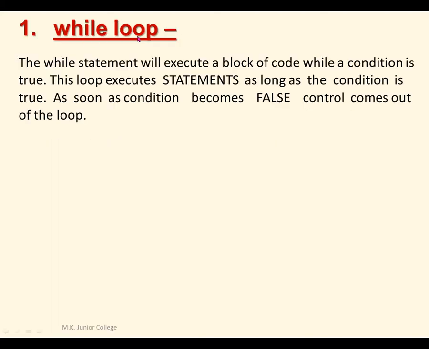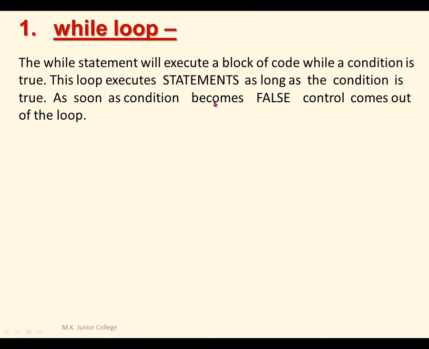First is the while loop or while statement. The while statement will execute a block of code while a condition is true. In the same way, the while loop is used to execute a block till a condition is true. The loop executes statements as long as the condition is true.